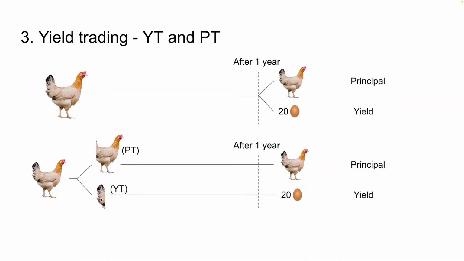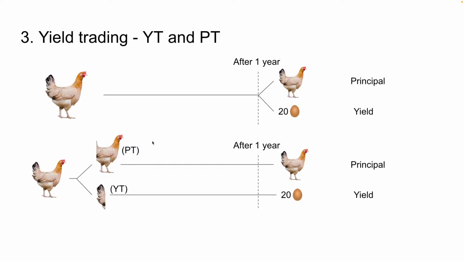The chicken's butt is the YT that will keep shooting out eggs for 1 year and disappear. Basically, it gives you whatever eggs the chicken would have given you. Now, the chicken without butt is a PT. It is not a full chicken, but it will grow back its butt and become a full chicken again after 1 year, after the maturity. That is exactly how YT and PT work, using chicken as an analogy.